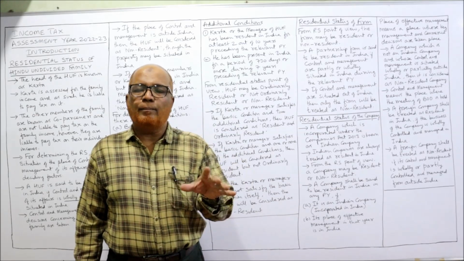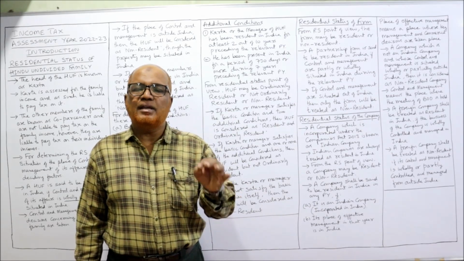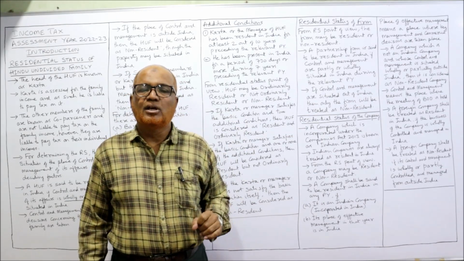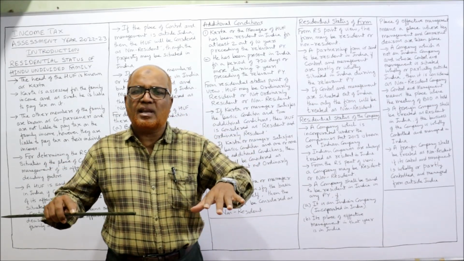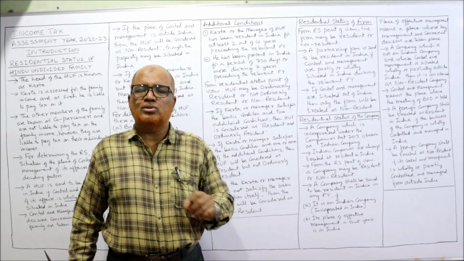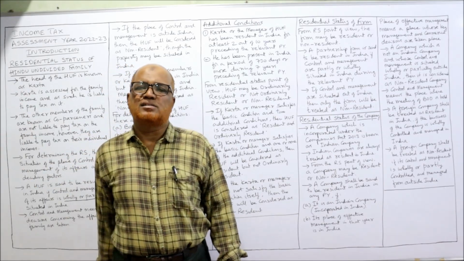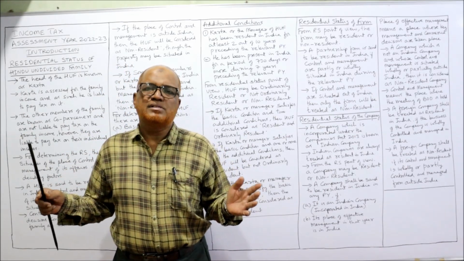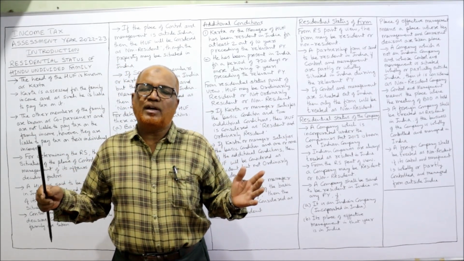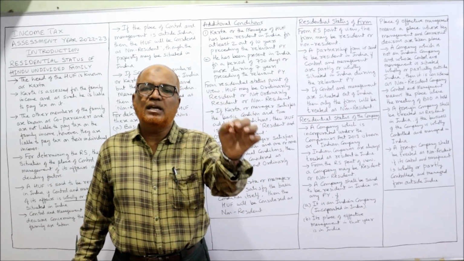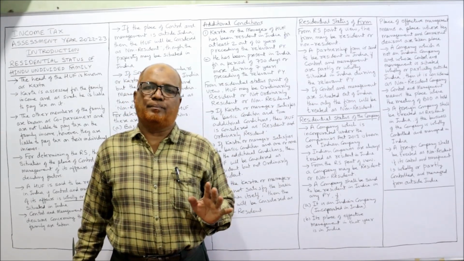In India, all the limited liability companies are registered under the Companies Act 2013. So every company which is registered under the Companies Act 2013 will be called an Indian company. Indian companies are always treated as resident. Wherever their business is, wherever the management and control is, every Indian company is a resident company.